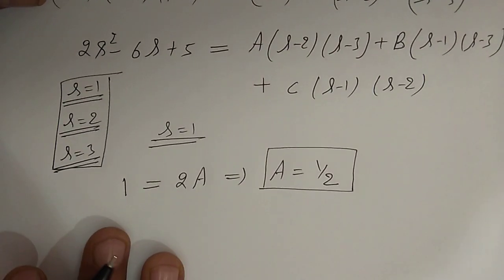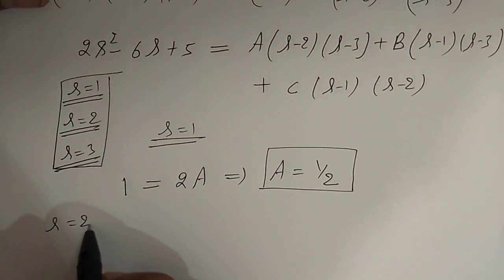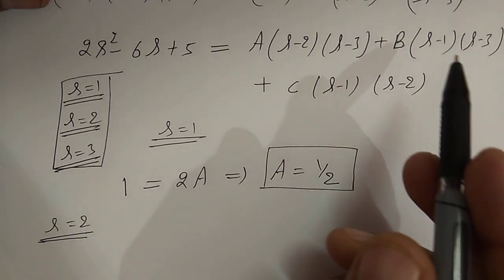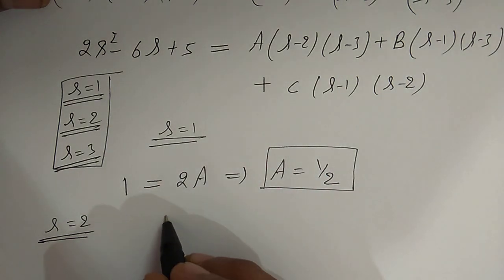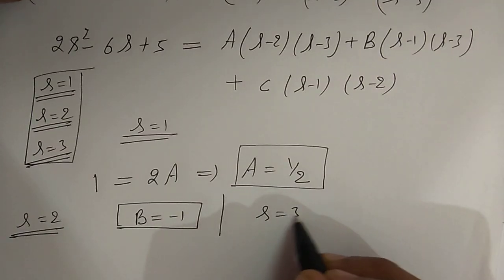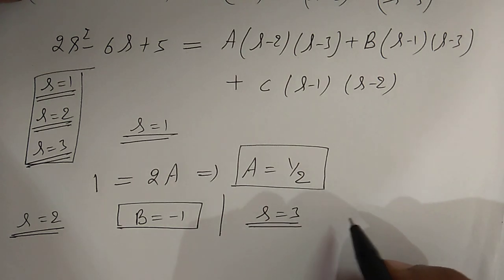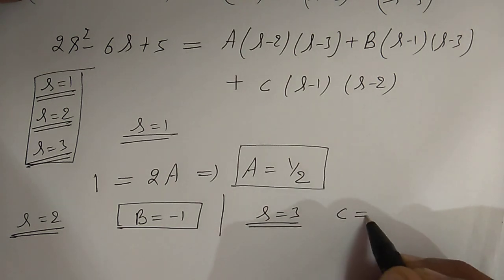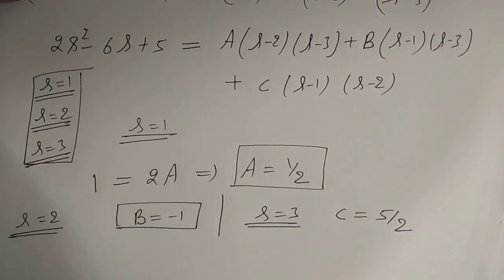The same way, if you put s equal to 2, we get the B value. So B will be equal to minus 1, and if we put s equal to 3, we get the C value, that is 5 by 2.